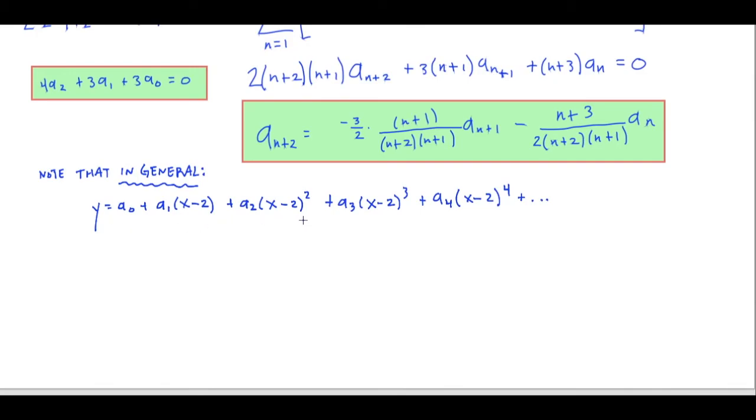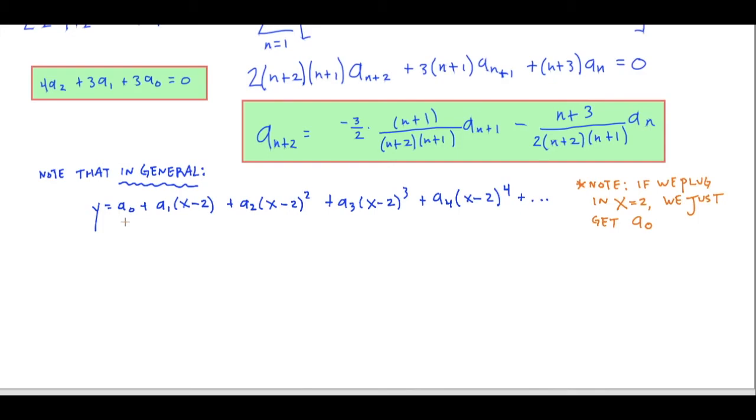Well, one thing I note is that since every one of these terms has an x minus 2 in it, if I plug in x equals 2, all of those terms cancel out. That term will go to 0, that term will go to 0. That's true for every term in my series except for the first constant term, a sub 0.